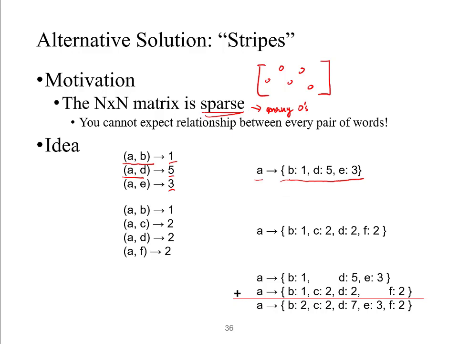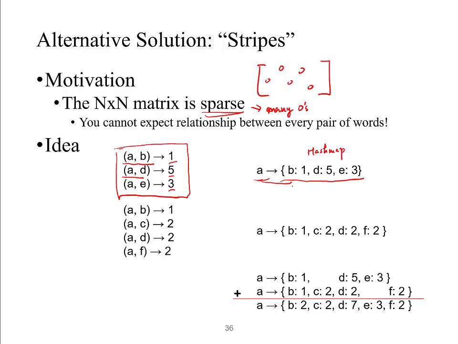Let's say these are the key value pairs in one partition. Instead of storing 3 key value pairs, we use one key value pair where the key is the term A and the value is a hash map here.